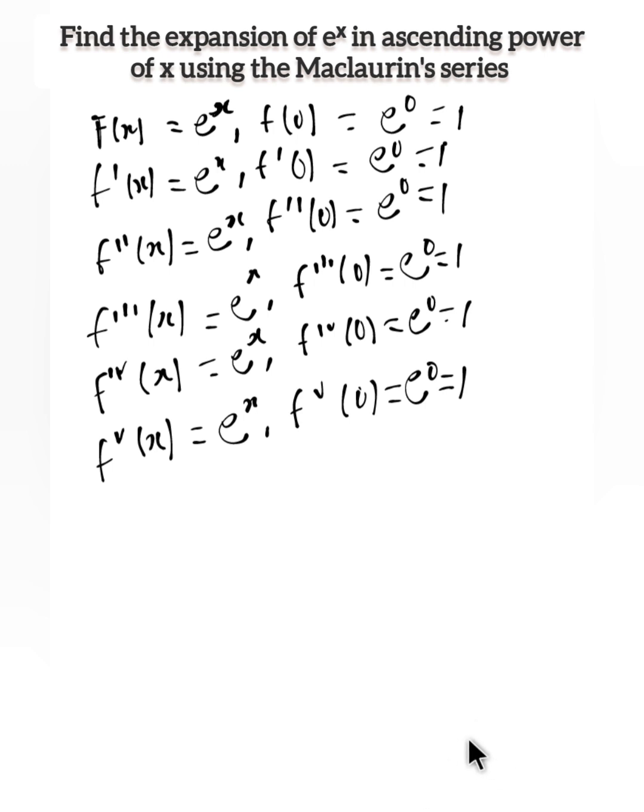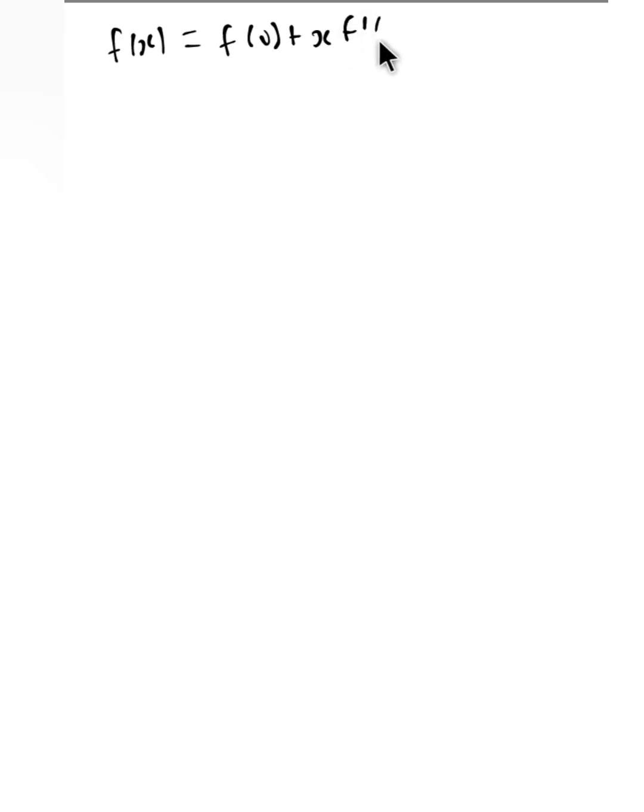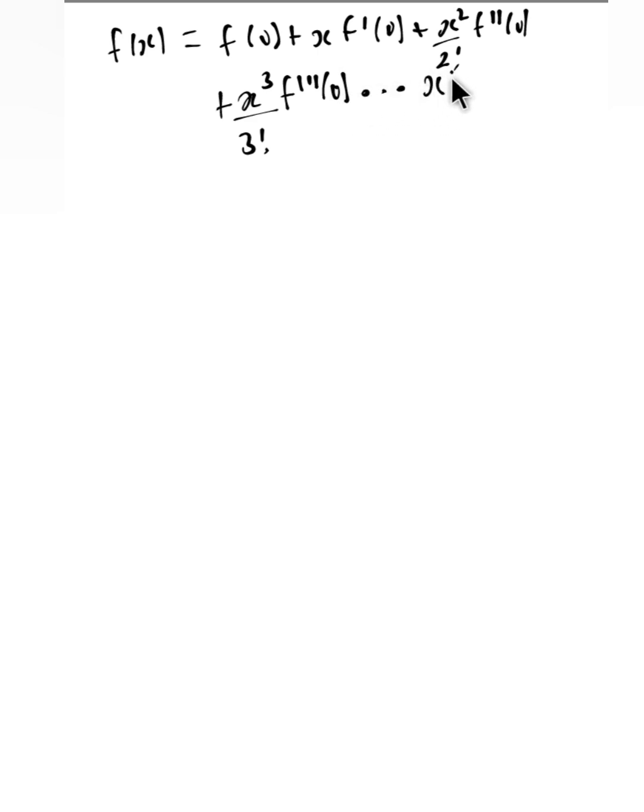So this makes it easy for us to just input it into the Maclaurin expansion. Now given the Maclaurin expansion, f of x is equal to f of 0 plus x f prime of 0 plus x squared over 2 factorial f double prime of 0 plus x raised to power 3 over 3 factorial f triple prime of 0, and this keeps on going to x^n over n factorial times the nth derivative of f at 0.